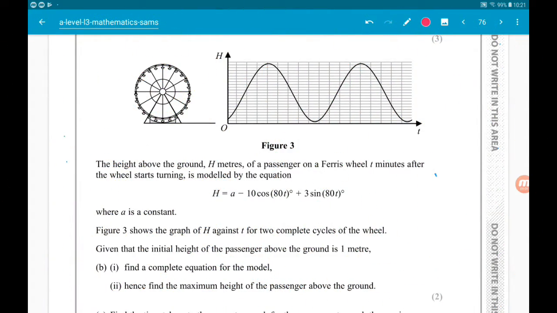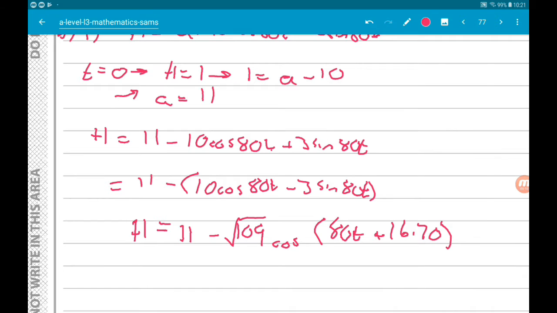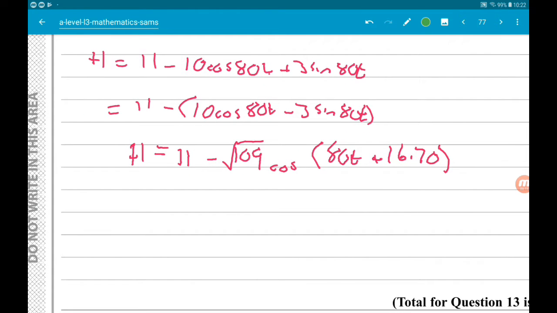And B part 2 says hence find the maximum height of the passenger above the ground. Okay. So, to make h a maximum here, well, we have 11 minus root 109 times the cos term. So to turn that into a maximum, we need to think of the minimum value of the cos term, which is minus 1.